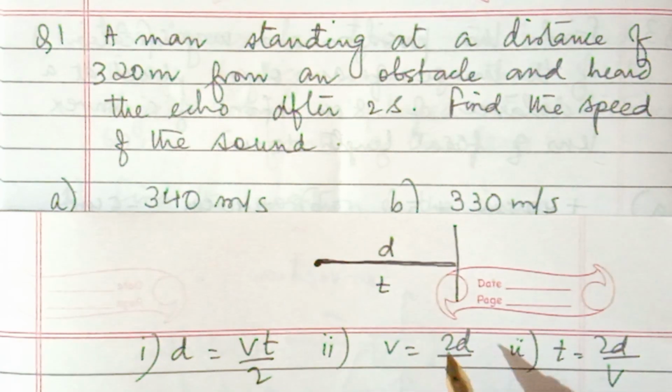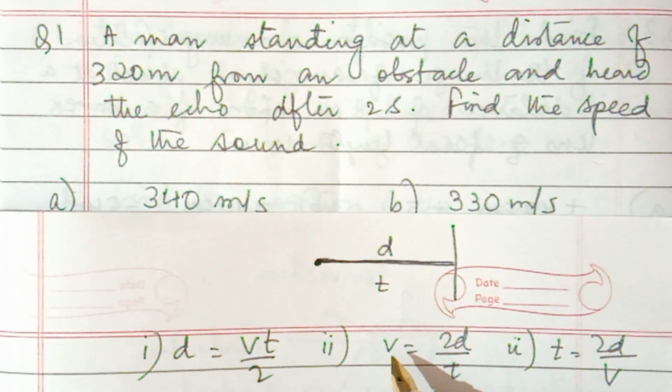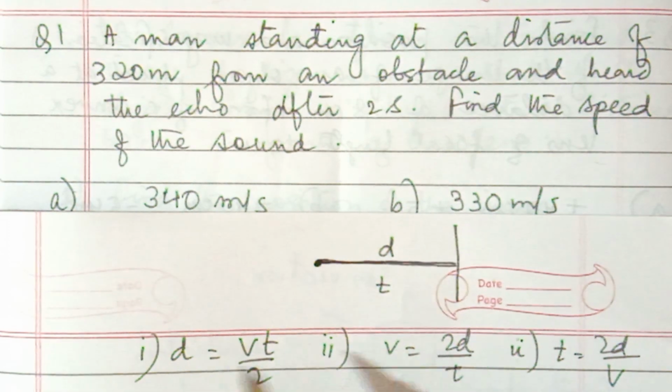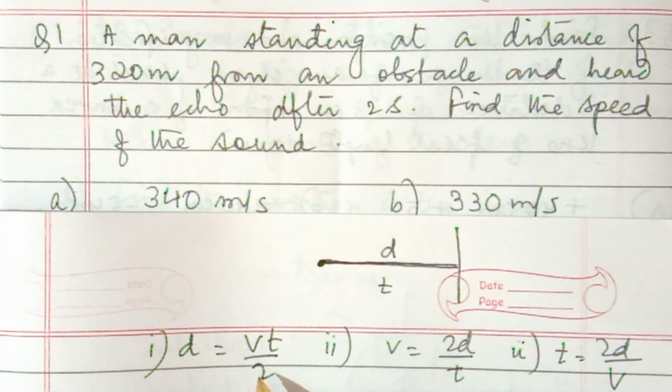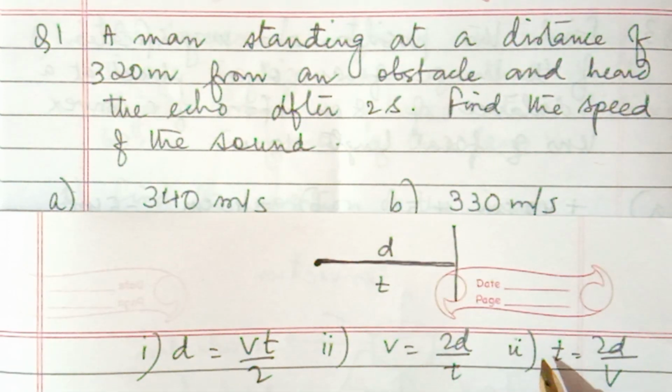Like you can see in the second formula, I have changed the subject. V is equal to 2d by t, right? So distance is 2d and time is t, so velocity will be distance by time. From here you can say d is equal to vt by 2, and time you can also write as 2d by v.